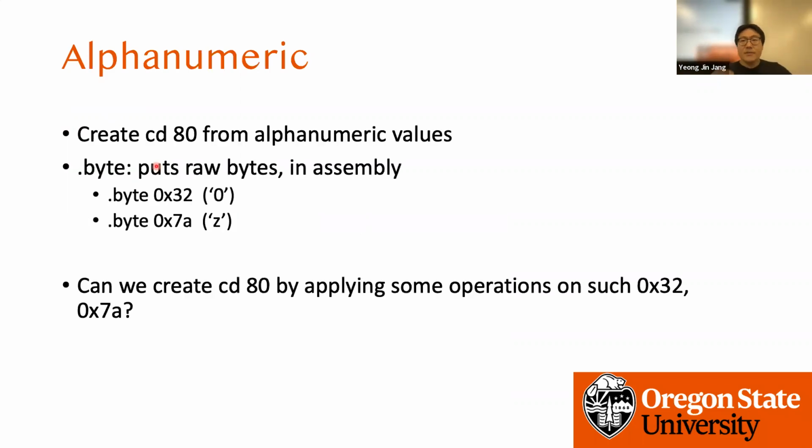You cannot put raw bytes in the assembly code. So what I did was you can put 32 and 7A, 0 and Z. These are alphanumeric, but your shellcode can convert these values into CD80 at runtime.